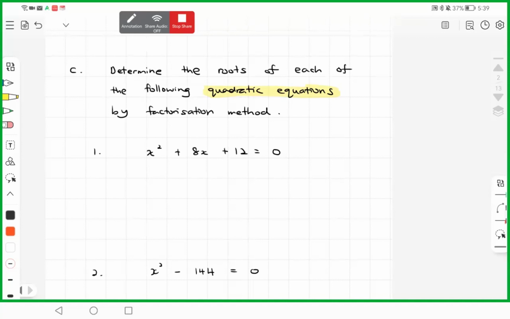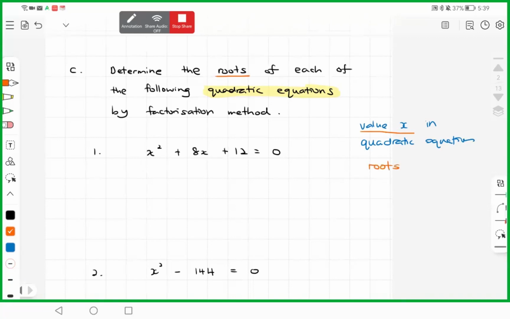When we want to find the value of x in a quadratic equation, the mathematical term for the value of x is known as roots.